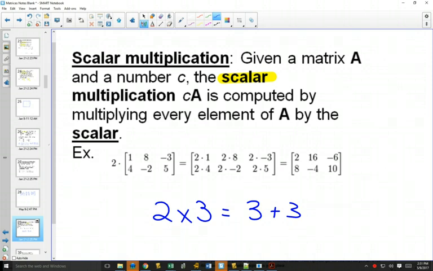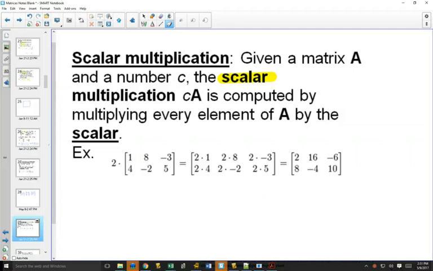The same idea is the same here with a scalar. 2 times this matrix means 2 groups of that matrix. If you did that matrix plus a matrix, can you see 1 plus 1 would be 2, 8 plus 8 would be 16, -3 plus -3 would be -6. So you're doing the same idea, that it's 2 groups of that. And so all we need to do is multiply each element inside the matrix by that scalar.